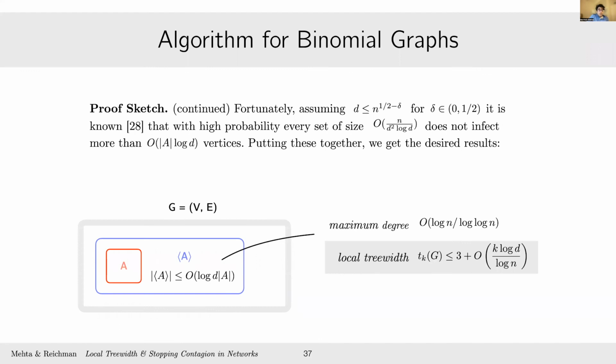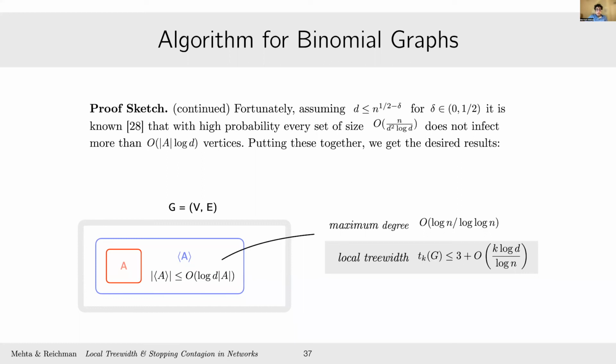It turns out that you can show that for any set A that's not too large, this set A will not infect more than size of A times log D vertices. So some version of a bounded spread condition does hold here as well.